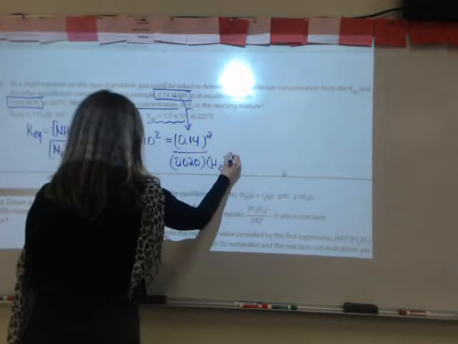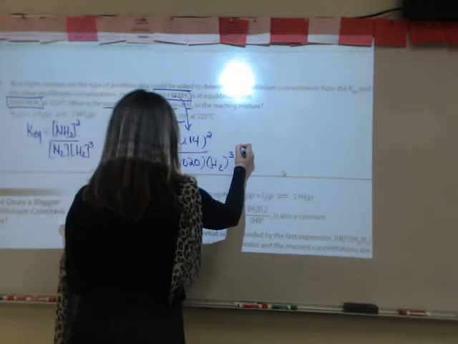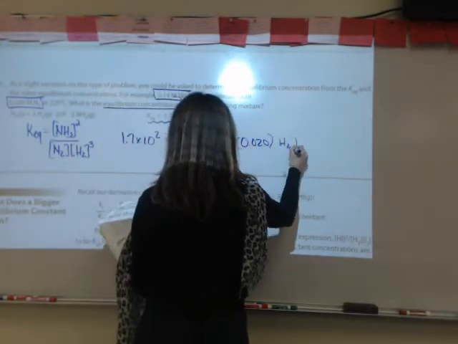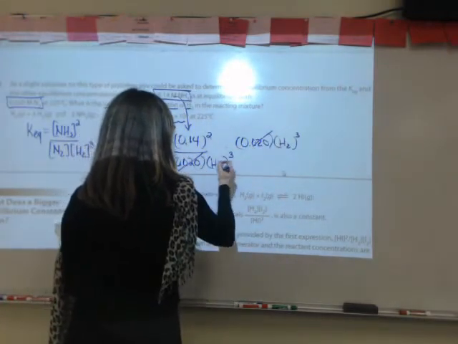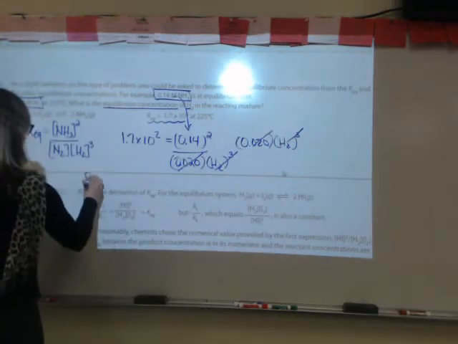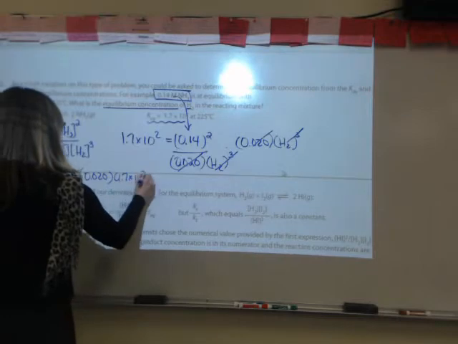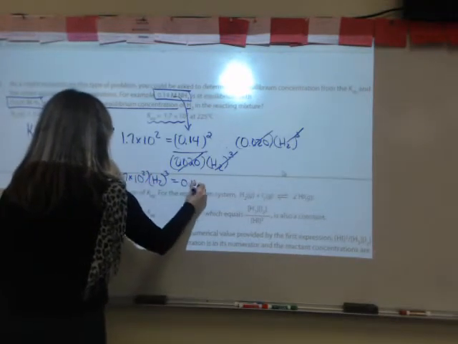concentration of H2 cubed. If you multiply both sides by 0.020 times H2 cubed, this cancels here, and you're going to get 0.020 times 1.7 times 10 to the second times H2 cubed equals this.